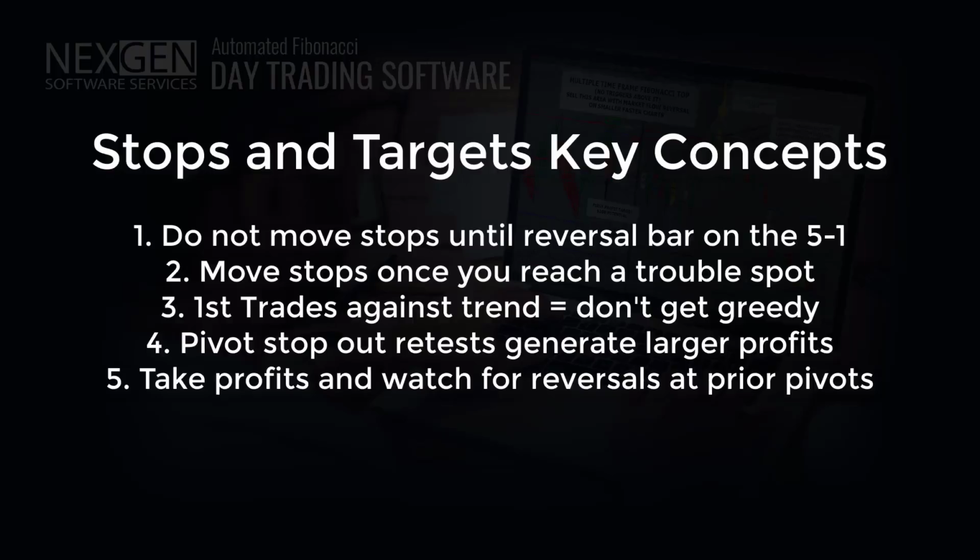If the market retests the area where you did a counter trend trade or a trend trade from, you'll have the opportunity to make more money on the second trade. Also, anytime you reach a prior major pivot in the market, watch for exits. The market has a tendency to stop out those pivots and then reverse and go the other way.